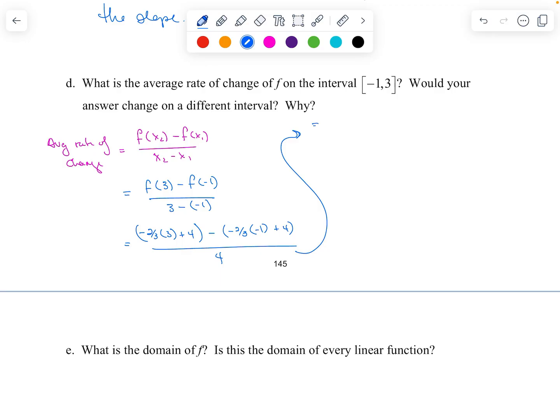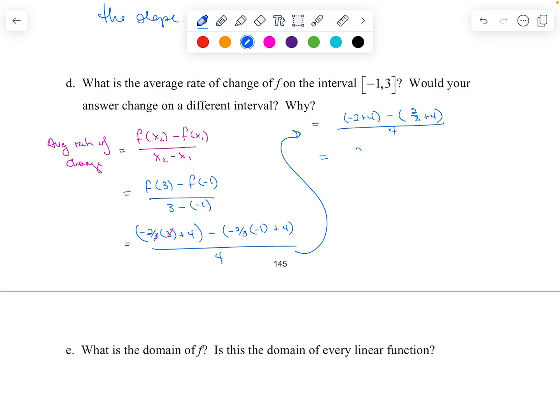So when I multiply, the 3 cancels with this 3, and that just becomes negative 2 plus 4 minus, and here negative 1 times negative 2/3 gives me a positive 2/3, plus 4, all over 4 again.